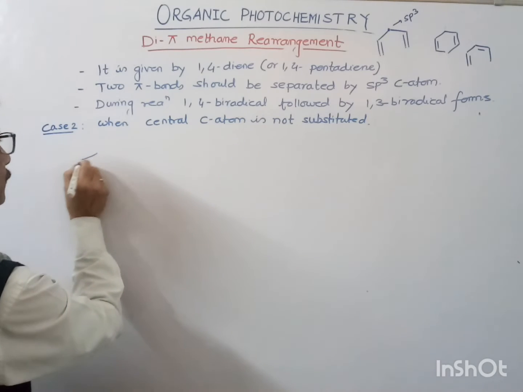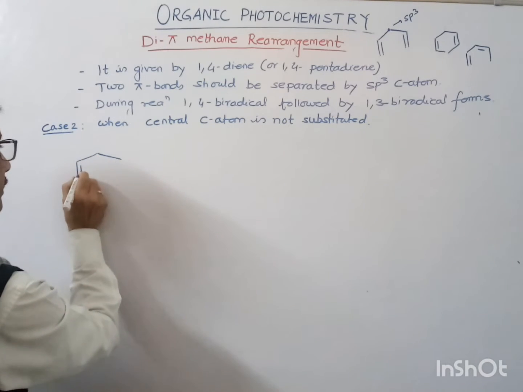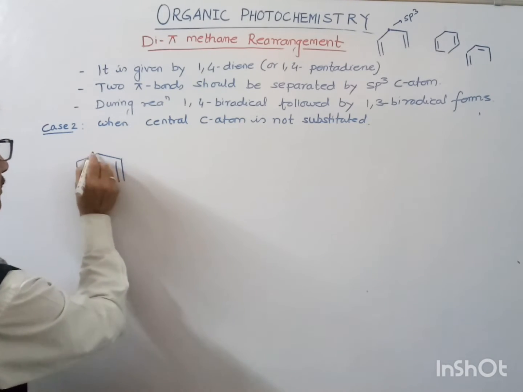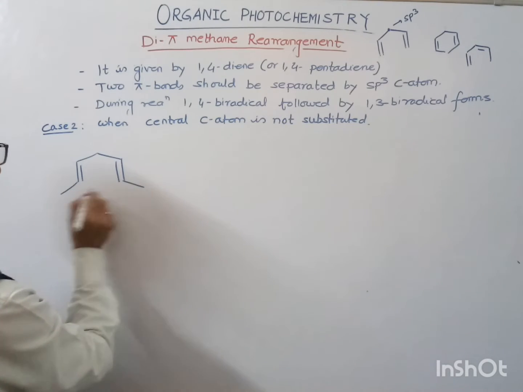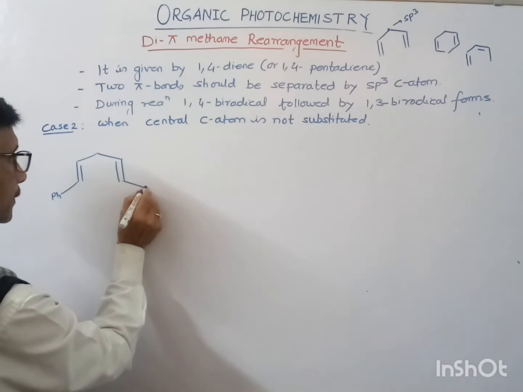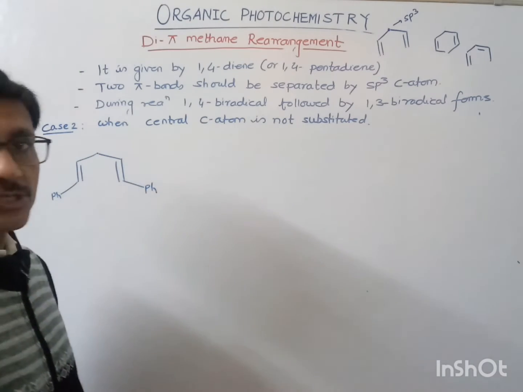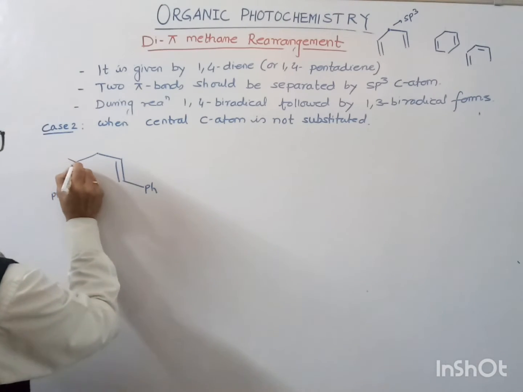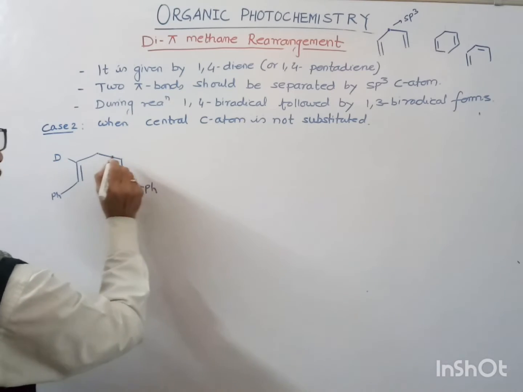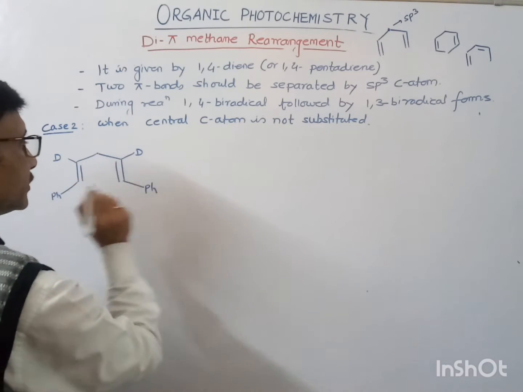If you see this one, I have taken a case where this central carbon atom is not substituted. Now suppose we have one of the groups over here, say deuterium.